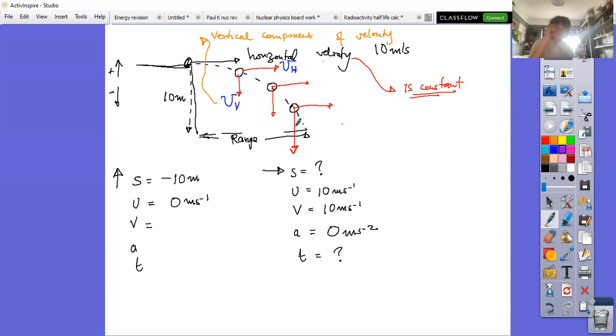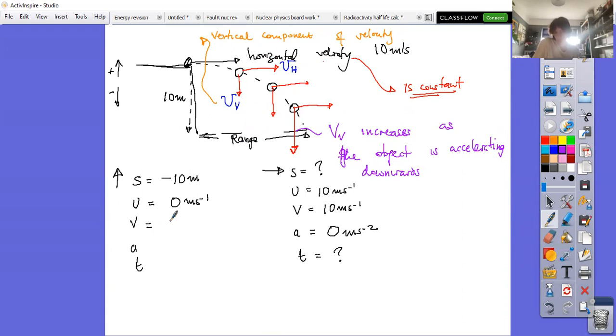VV increases as the object is accelerating downwards. So downwards is an acceleration due to gravity. Okay.